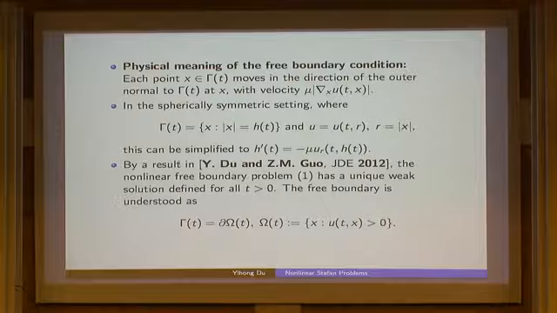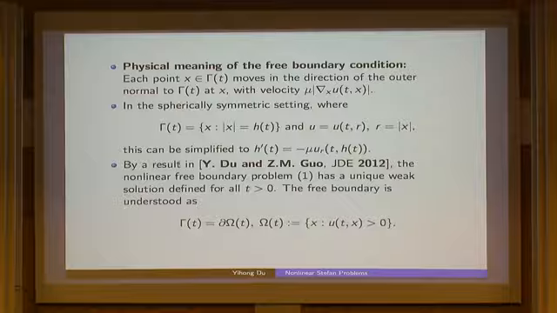Physically it means that at any point on the free boundary, the free boundary is moving in the following fashion. It moves in the direction of the orthonormal and with this velocity. And this square just appears because of this kind of manipulation with the equation.